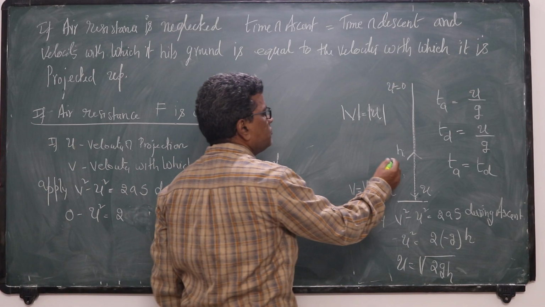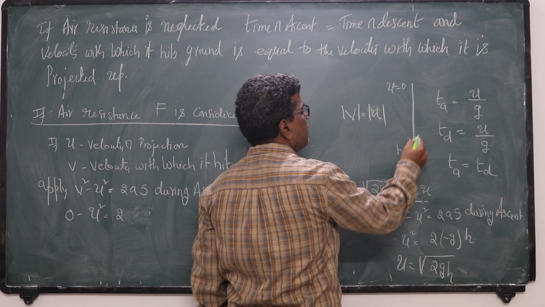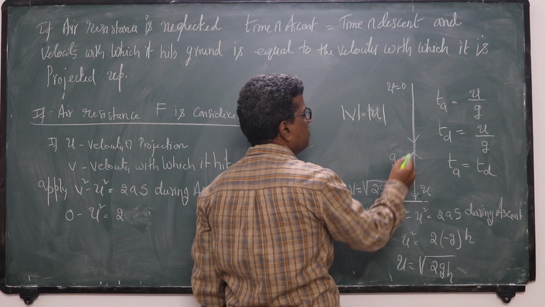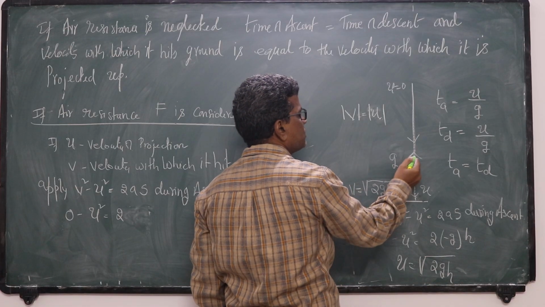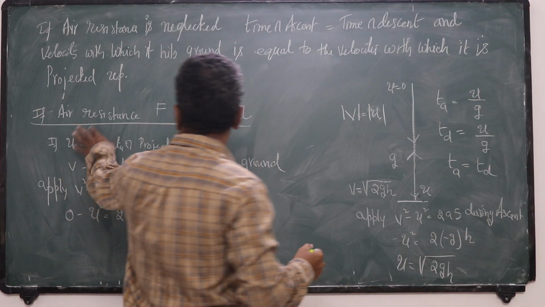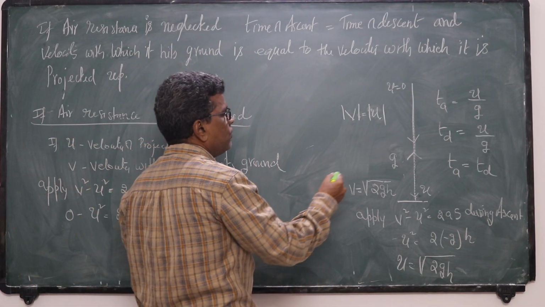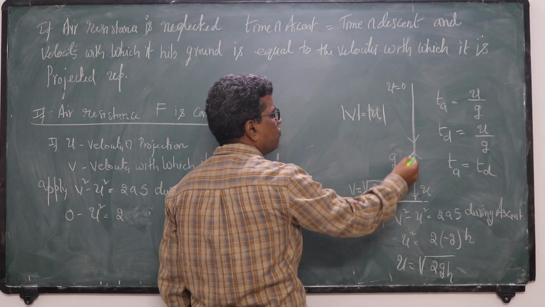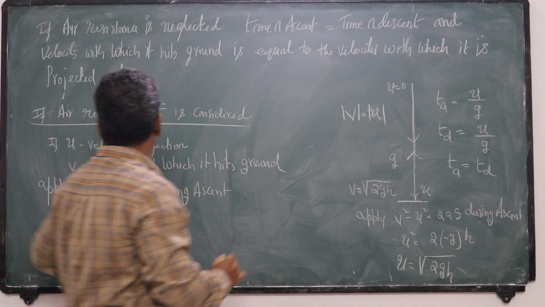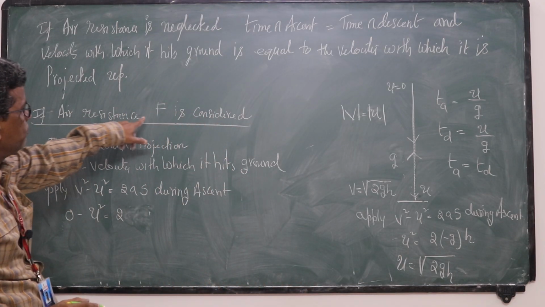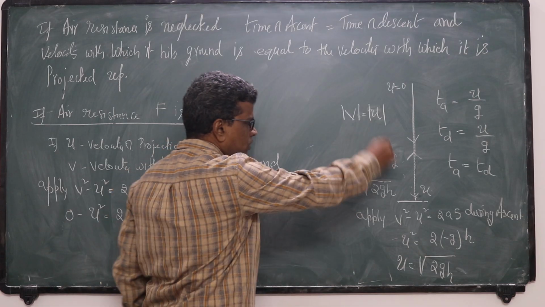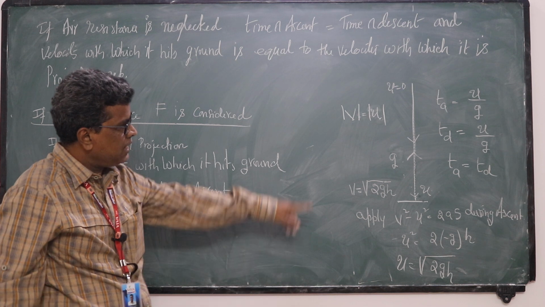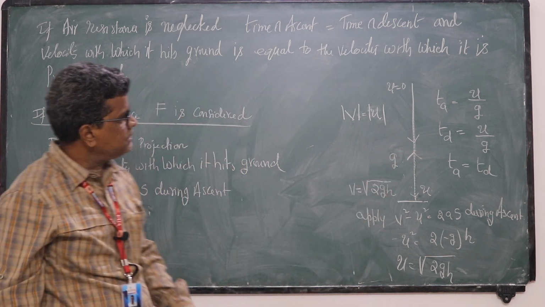As it ascends, gravity will be down and the air resistance will also oppose, downward. Let air resistance be F. So what is the net force? Downward force is mg. So the net downward force is mg plus F.